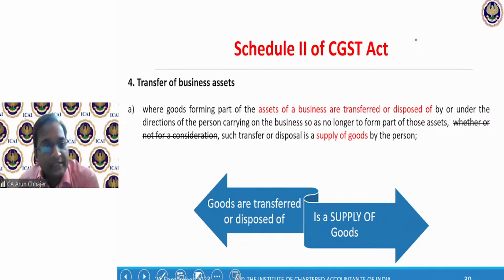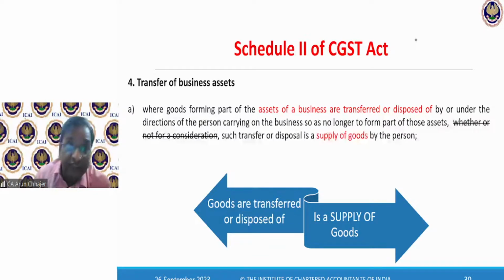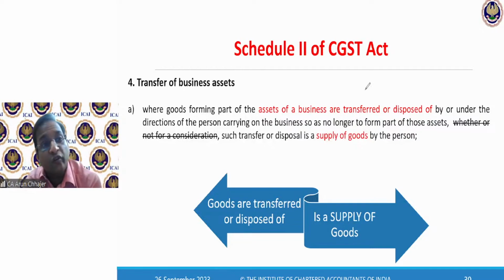Transfer of business asset. If it is transferred permanently, then it will be treated as supply of the goods. If it is transferred temporarily for other than business use, it is supply of service.